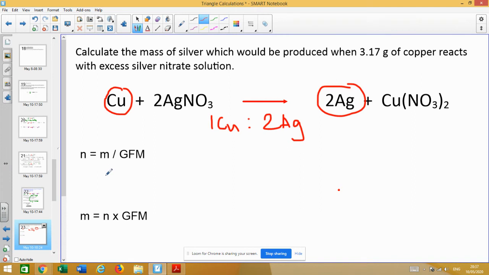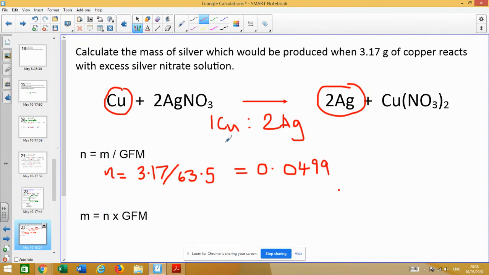So the number of moles is 3.17 divided by 63.5, which is 0.0499. That's rounding it a wee bit from your calculator. You don't want to round it any further than that. I definitely wouldn't round it to 0.05 at this point.